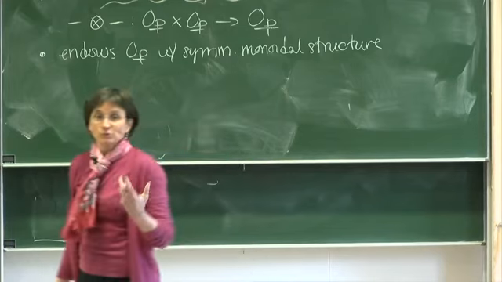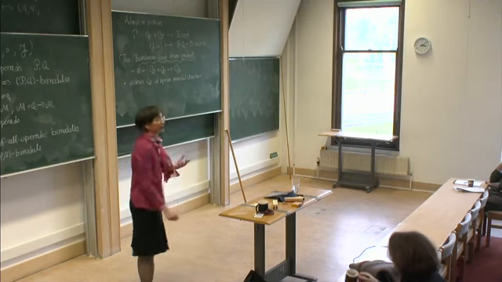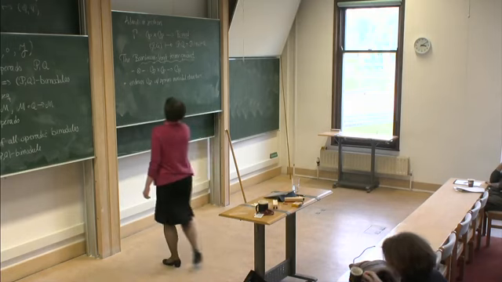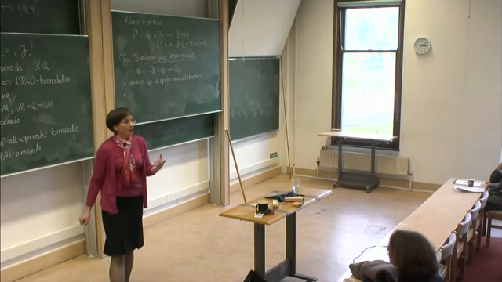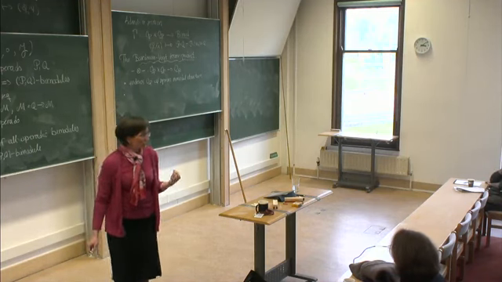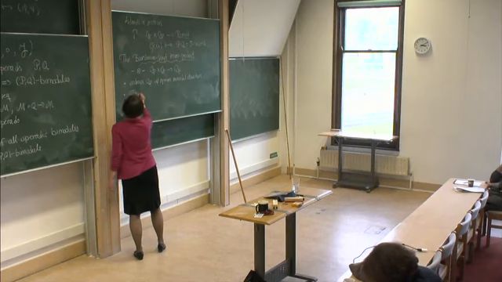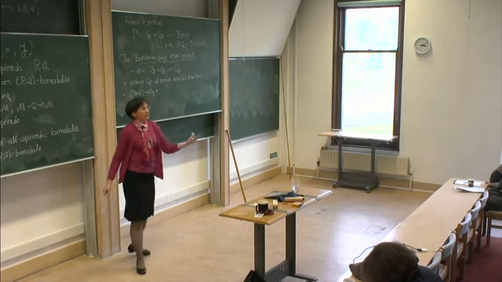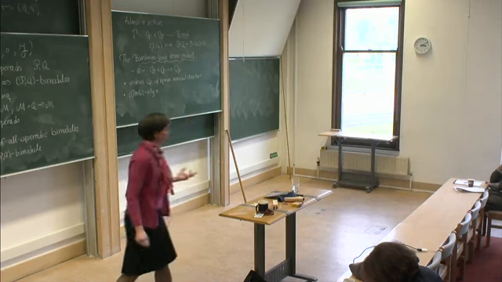And why would one be interested? I mean, it's always nice to have a monoidal structure, but what is the algebraic point behind having this Boardman-Vogt tensor product? It's that, if I have two operads P and Q, what does a P tensor Q algebra look like? Well, a P tensor Q algebra is a P algebra in the category of Q algebras, or a Q algebra in the category of P algebras.